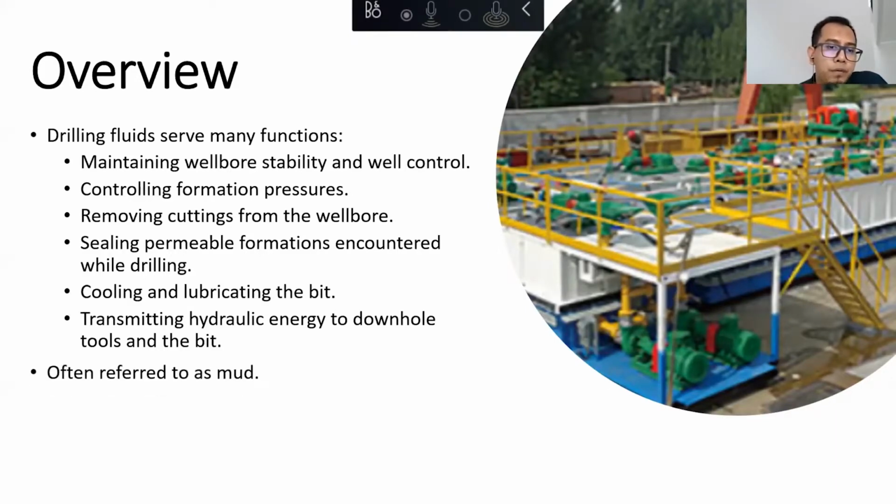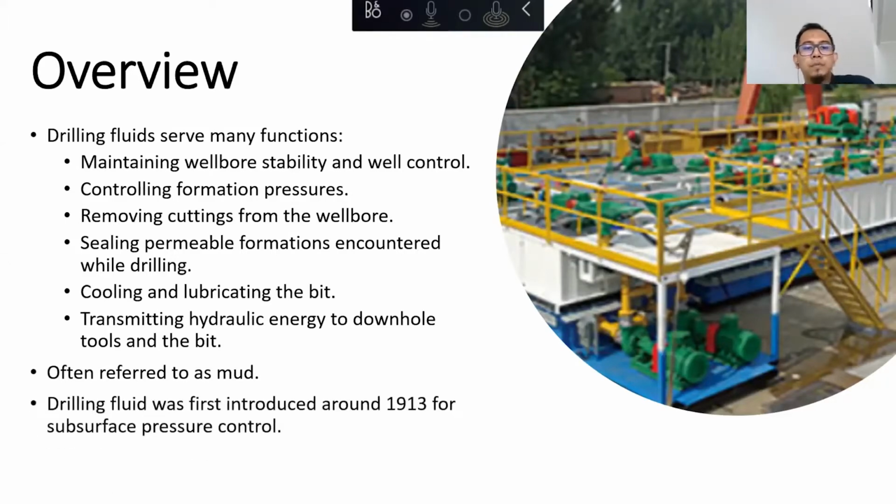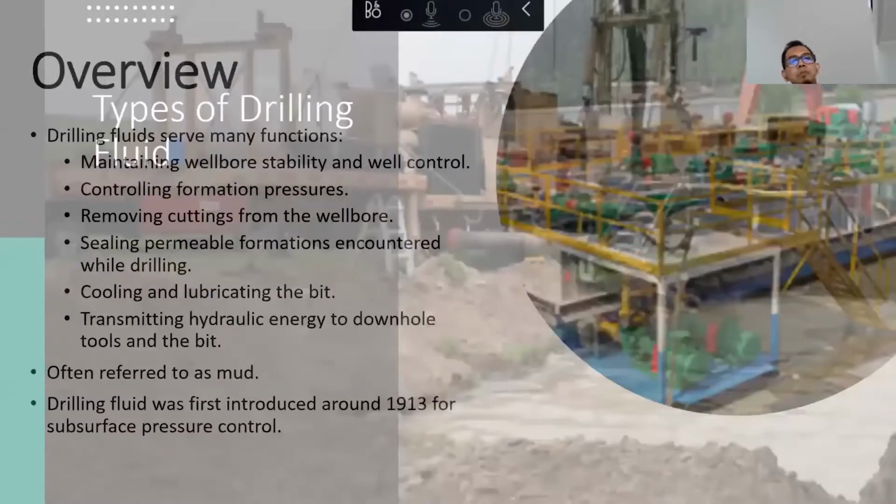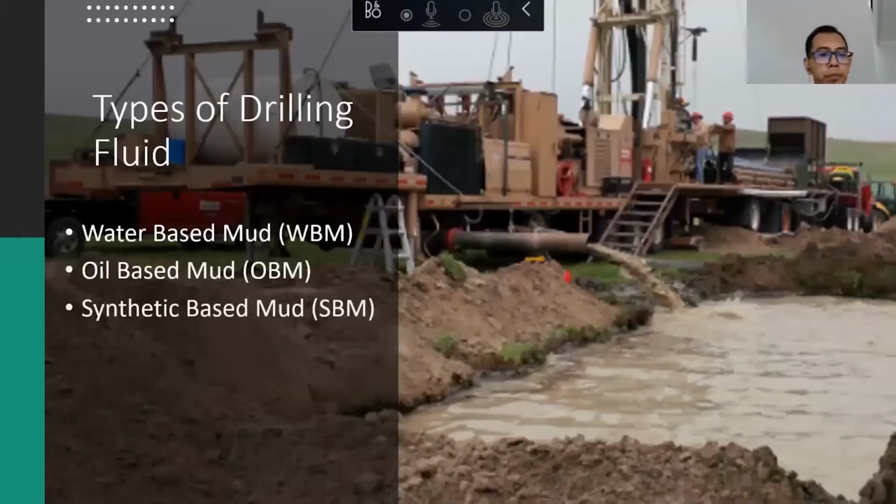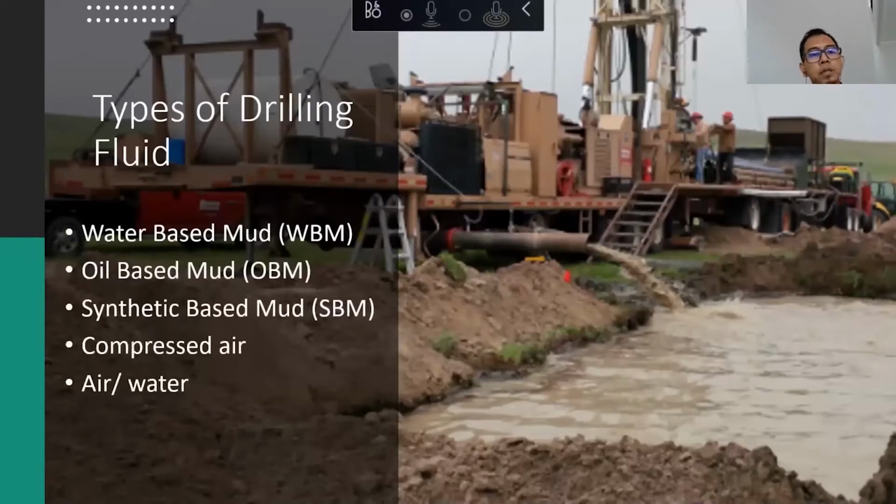Drilling fluids are often referred to as mud or drilling mud. It was first introduced in the early 1913 for subsurface pressure control. There are several types of drilling fluid: water-based, oil-based, synthetic-based mud, compressed air, and air or water mist. The first three are liquid-based.